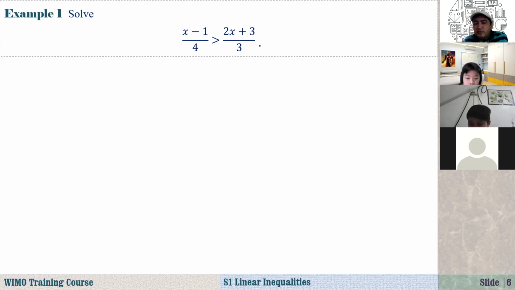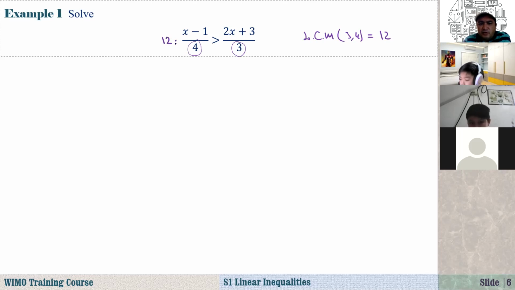Let me look here at the denominators. Here we have 4. In the denominator here we have 3. So I'm going to multiply both sides by such a number so that we will not have any fraction in the inequality. What is that? It is the least common multiple of 3 and 4. That's equal to 12. So let me multiply both sides by 12.